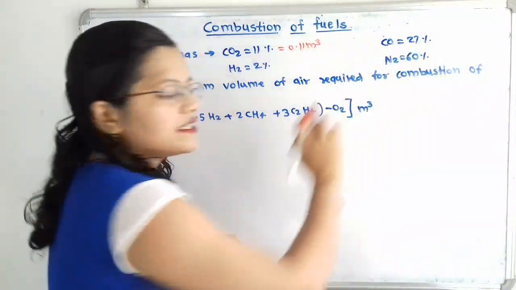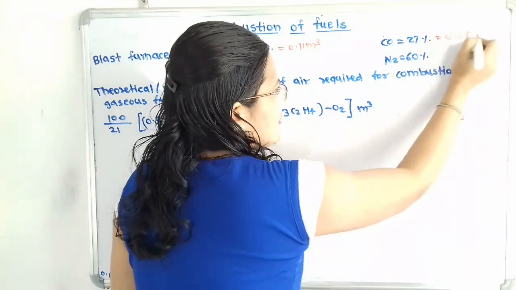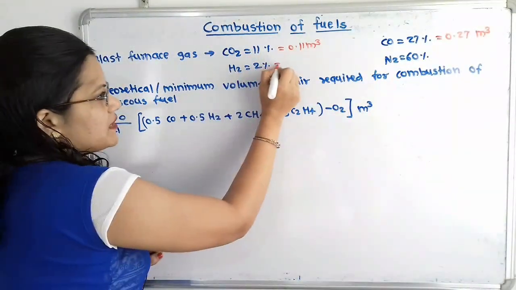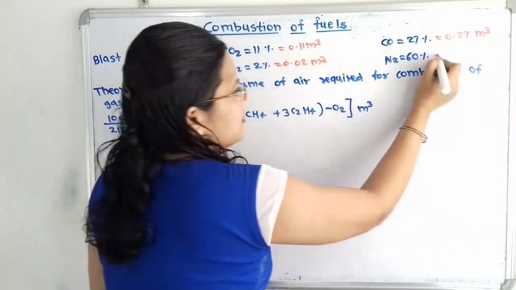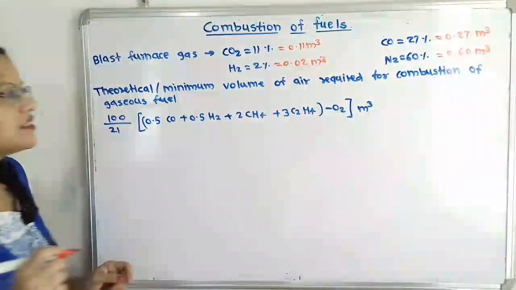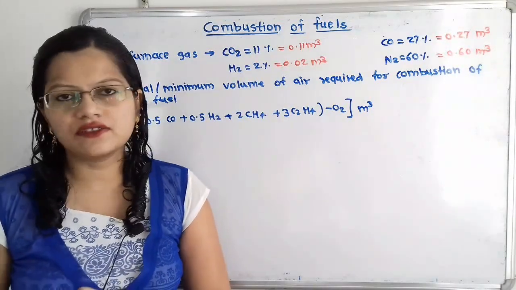Carbon monoxide is 27%, that is 27 by 100, 0.27 meter cube. Hydrogen is 2%, that is 0.02 meter cube, and nitrogen is 60%, that is 0.60 meter cube. So this is the volume of each constituent in the gaseous fuel.